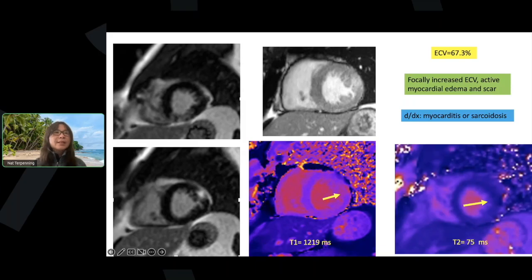All of these will increase the diagnostic accuracy of acute myocarditis: T1 high, T2 high, ECV high, and hyperemia. That is a good sign. A patient with active myocarditis who has hyperemia is better than one without, because when they follow patients without hyperemia, those do worse than the ones that have hyperemia.